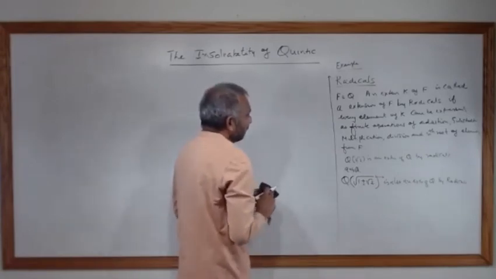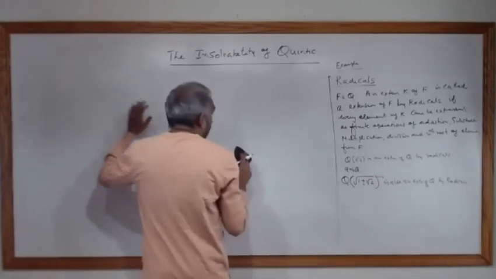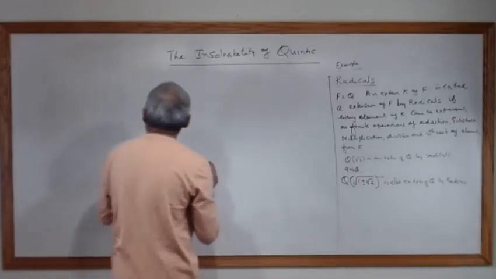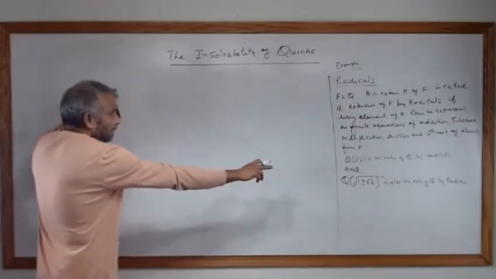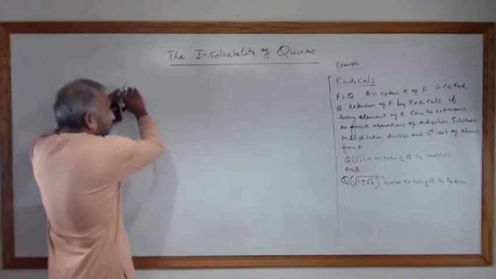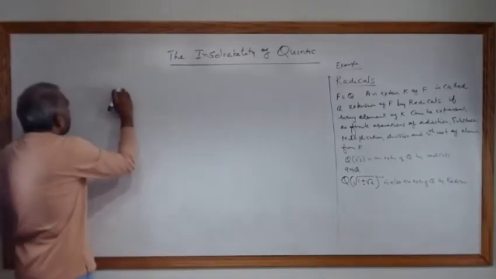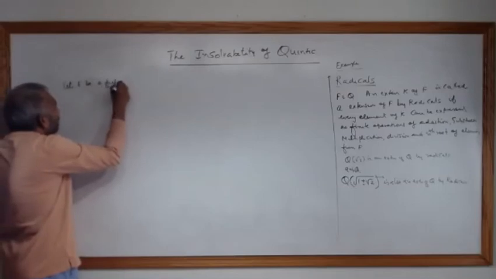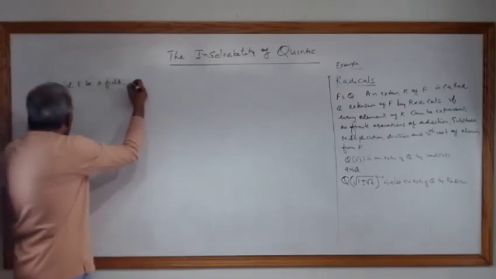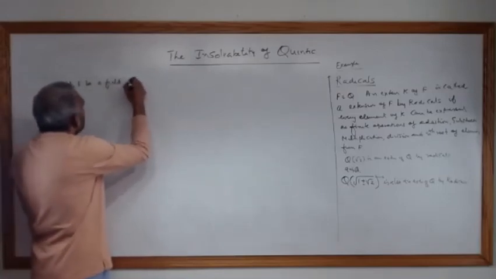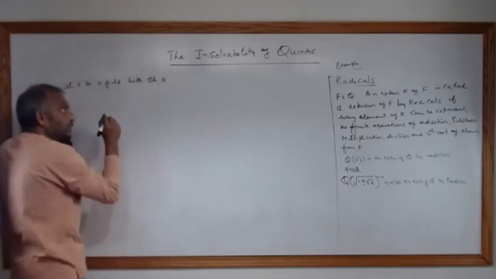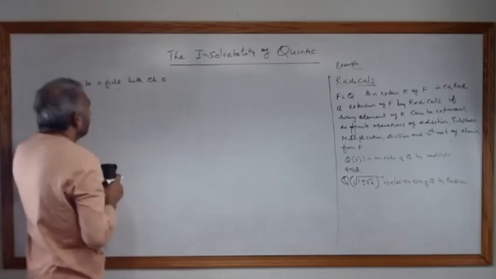So the thing is, we are going to form a formal definition for this. I'll come back to here to explain what I'm talking about. Let F be a field with characteristic 0, which I already told you, you're going to consider only fields of characteristic 0.